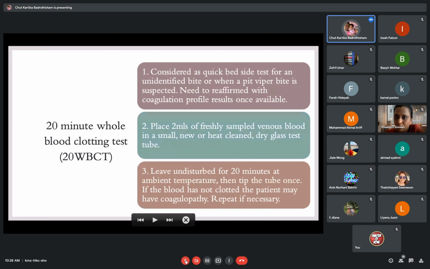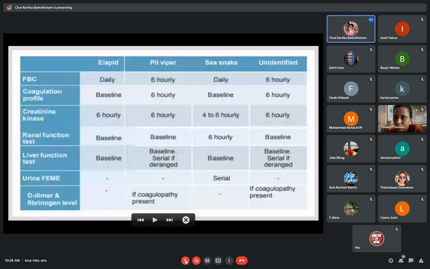So these are the blood investigations that we have to do serially. For pit viper or Viperidae snakes, or unidentified snakes, FBC is repeated 6 hourly because of the hematotoxic effect. Coagulation profile and CK also 6 hourly. So these are the serial blood results every 6 hours for the first 24 to 48 hours. For a lower-risk bite, there is no need for serial coagulation profile unless indicated.